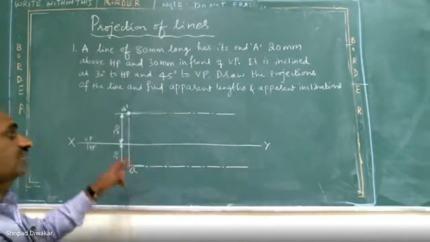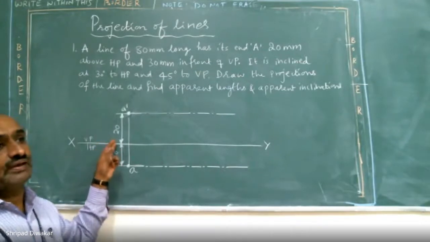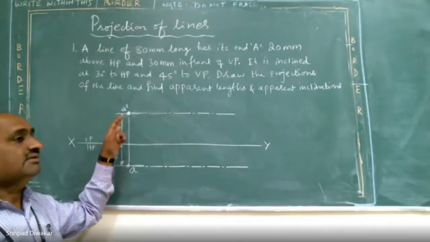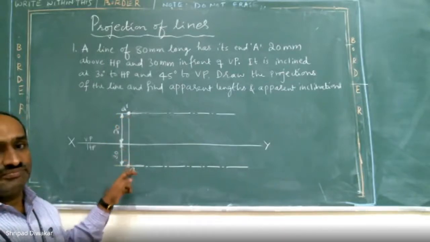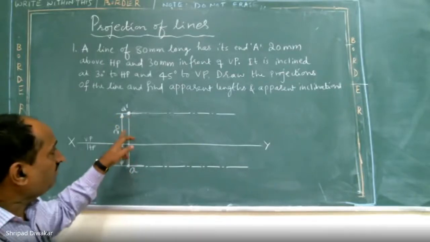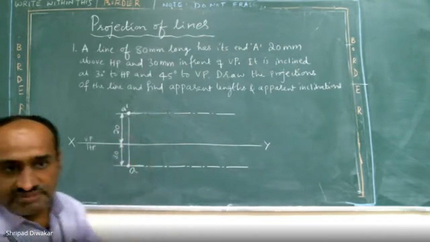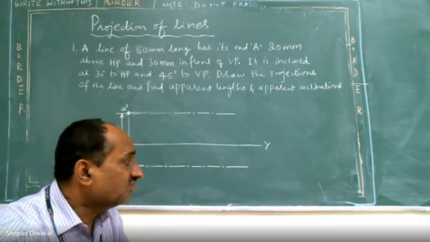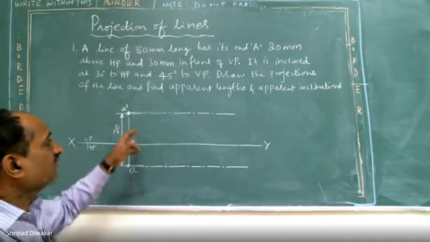First step, as I said, you have to draw XY line. Next, you have to locate the front view and top view of point A. Front view is 20 mm above HP and top view is 30 mm in front of VP. Once you finish, you have to draw the locus line.